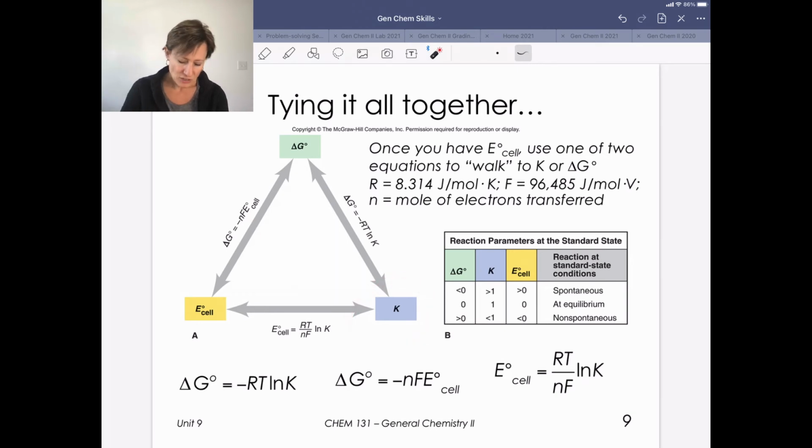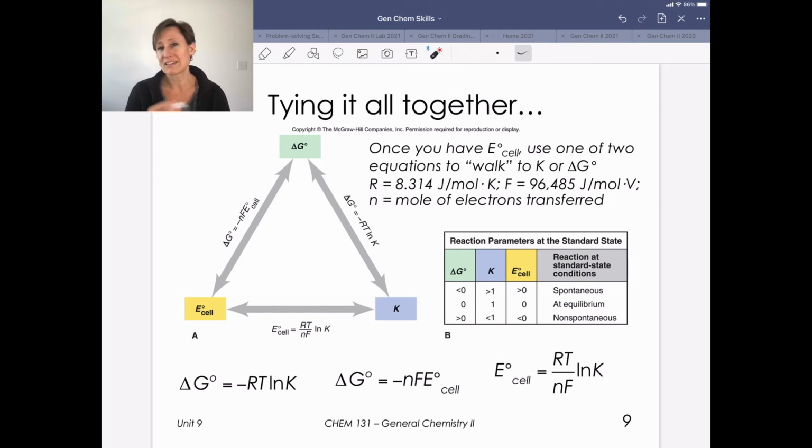And in our last learning unit, we learned how to relate delta G and K. Okay, so this was our equation that allowed us to do that. We've got another piece to this triangle, if you will, here. Now that we know Ecell is related to delta G by this equation, and Ecell is related to K by this equation. Okay, so equations that'll be provided for you.